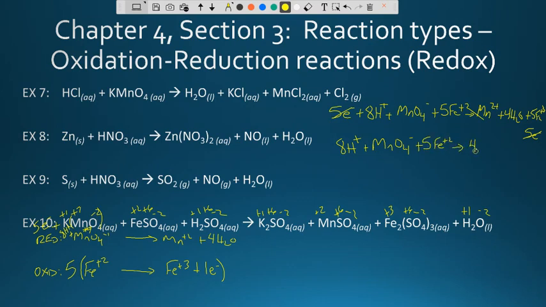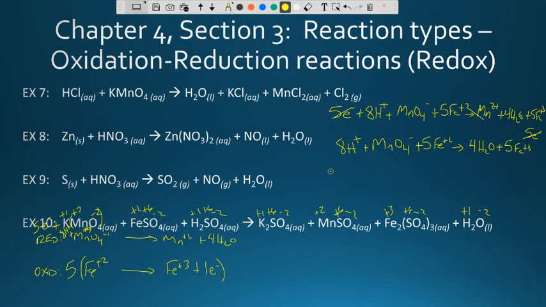That's going to give me 4 waters and 5 iron ions. Okay? And off of all of this, let's pop, because I don't have my permanganate by itself, let's put my potassium back in.